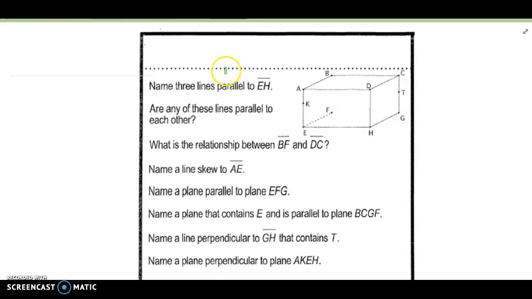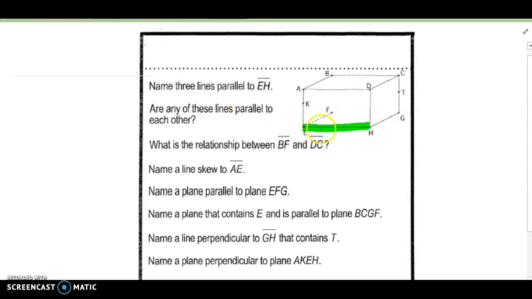All right, so we're going to look at this box, and this is just a right rectangular box, or whatever you want to call it, prism, right rectangular prism. We want to find everything that satisfies these equations here. So, one, it says name 3 lines parallel to EH. Okay, this line that I highlighted is line EH.